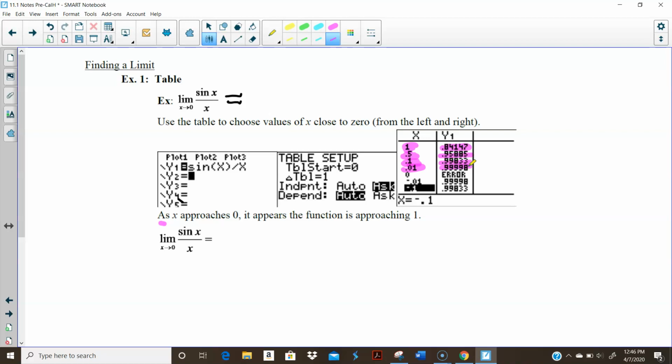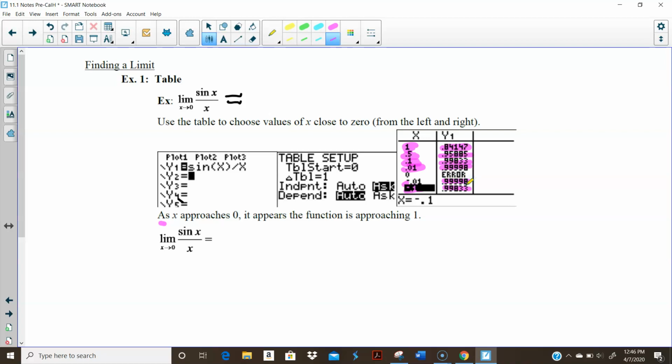Now, if we were to do the same thing from the left-hand side of 0, you could start with negative 1, and you get 0.99833. If I move now to the right towards 0, 0.01, you can see 0.9998.